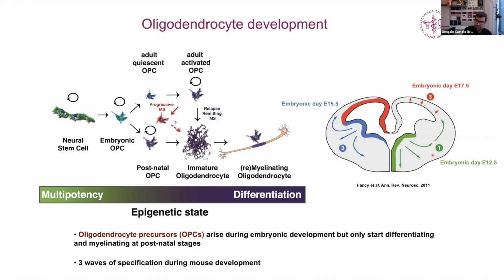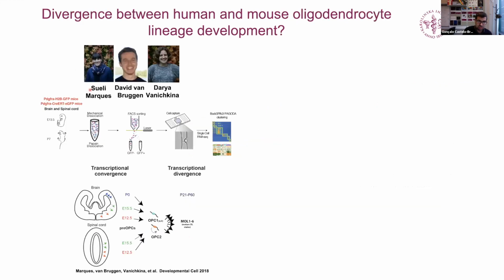Previous studies from our lab, which Sueli, David, and Daria have done using single-cell RNA sequencing, show that these different waves of oligodendrocyte generation don't originate OPCs directly, but originate a pre-OPC stage in between the neural stem cell and the OPC, which then converges into the OPCs at postnatal stages.